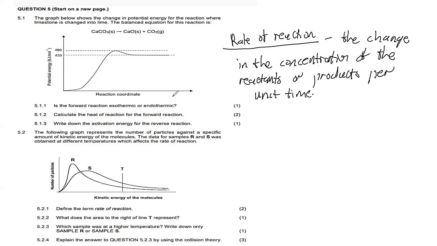That's how you are supposed to define it. Easy, 2 marks. Then what does the area to the right of line T represent? The area to the right of line T, what does it represent? That one, we say represents the number of particles.